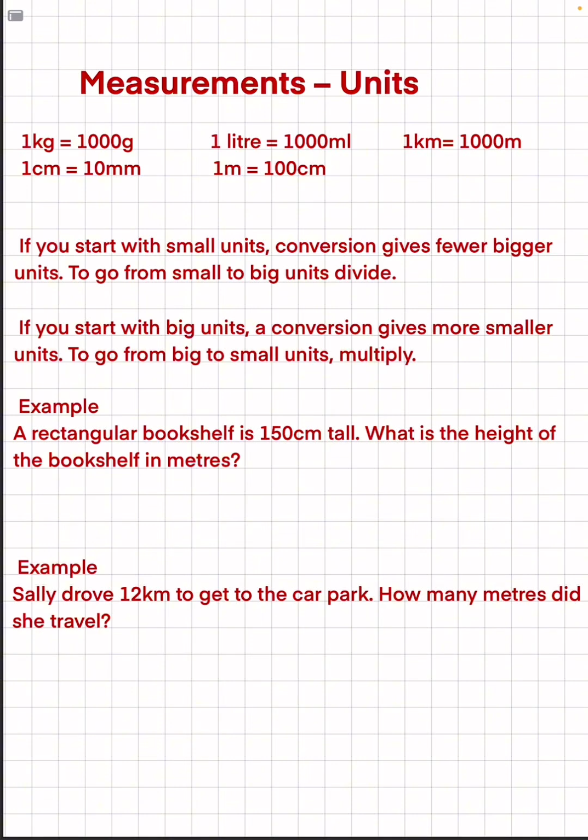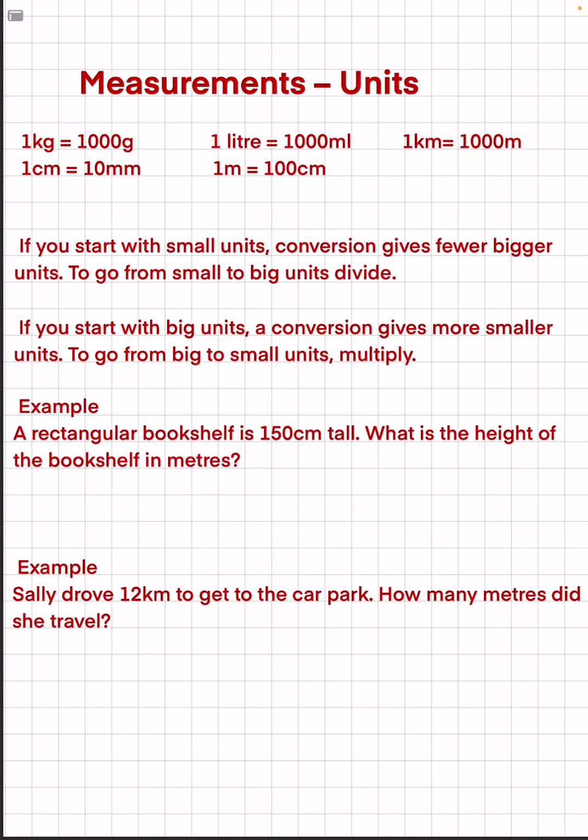Here are some examples. The first example says a rectangular bookshelf is 150 centimeters tall. What is the height of the bookshelf in meters? Centimeters is smaller than meters, so to go from small to big units, we divide.